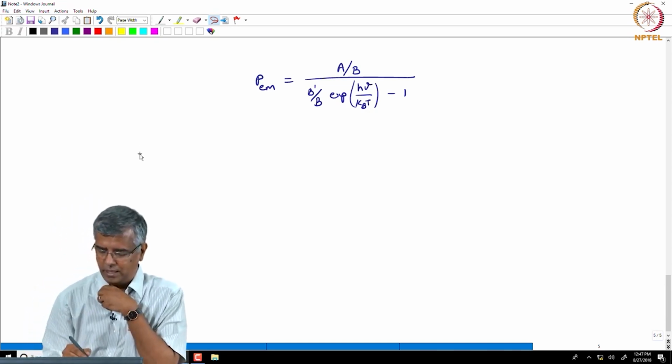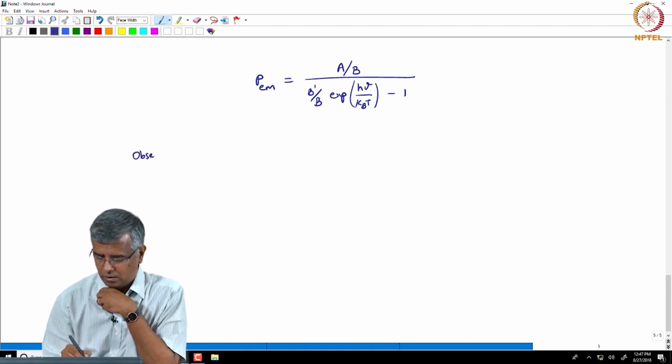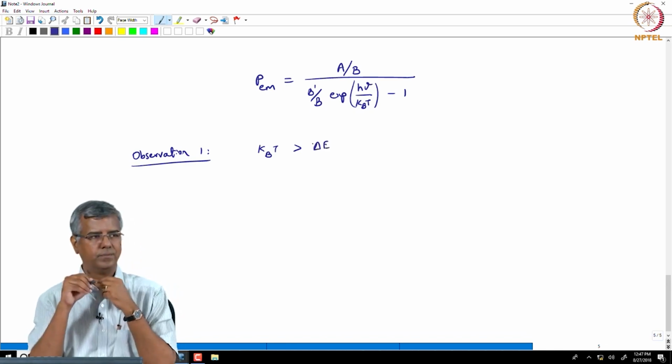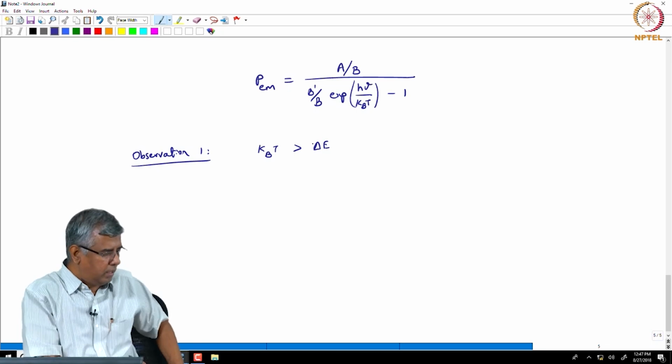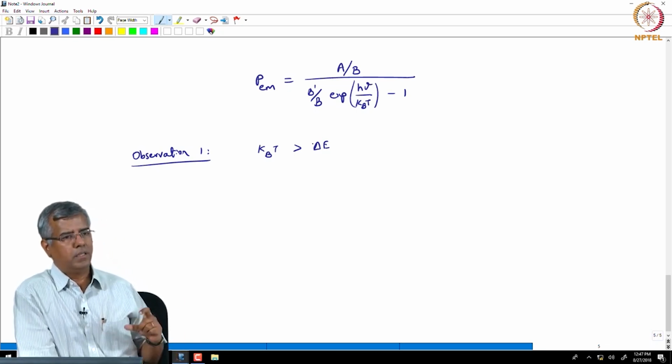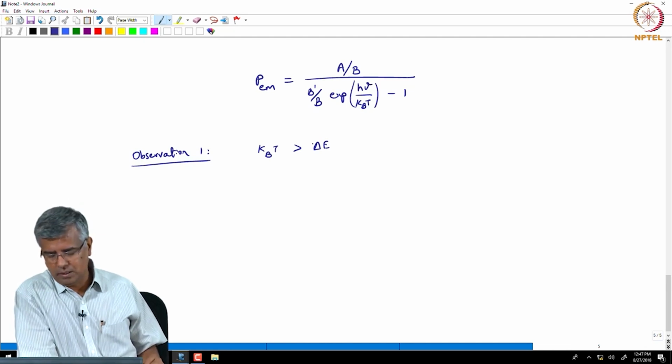So, specifically, one observation would be that kBT is greater than delta E. It's greater than the energy difference between these two energy levels that we are considering.